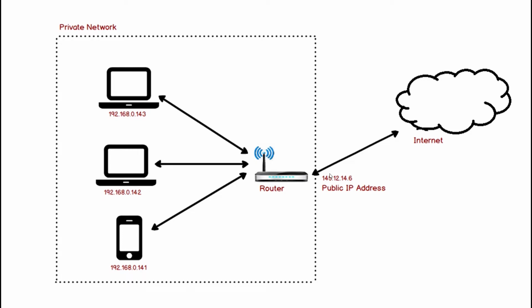But when you reach the internet, let's say from your computer, you have the IP address 192.168.0.143. You are trying to reach facebook.com. Your first contact point, your first hop, is the router. Then the router reaches facebook.com. So it means the router is responsible to reach the internet.